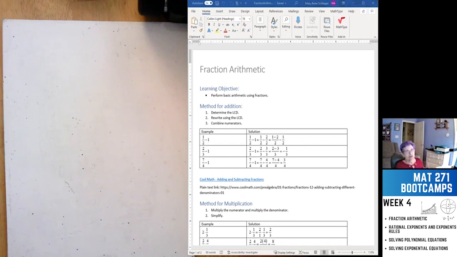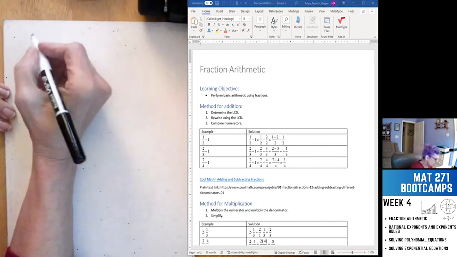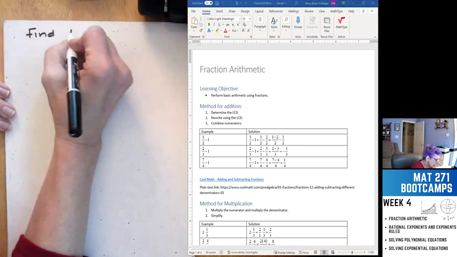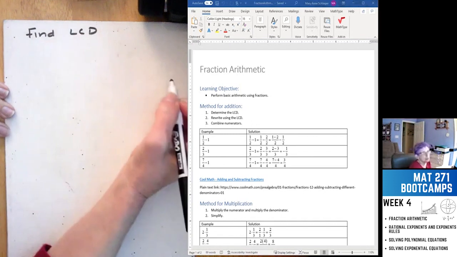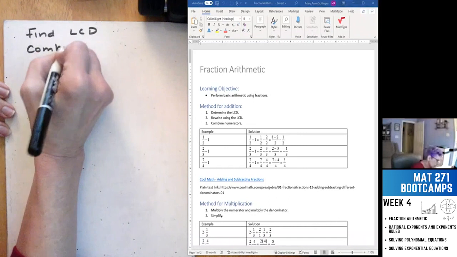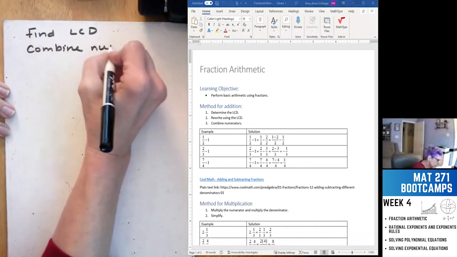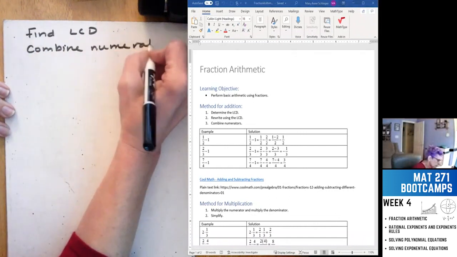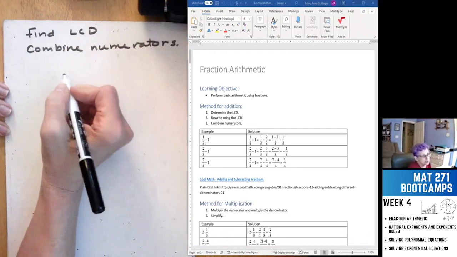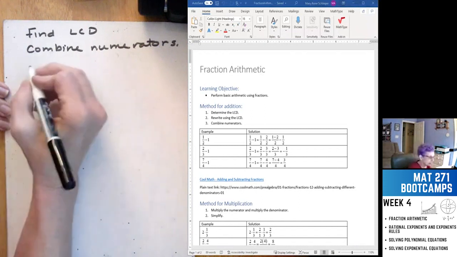So if we have a fraction as our exponent, it's nice to be able to subtract 1 from that exponent. So basically you just have to find the least common denominator, combine the numerators. So I have a lot of examples here where we're just subtracting 1 from something.